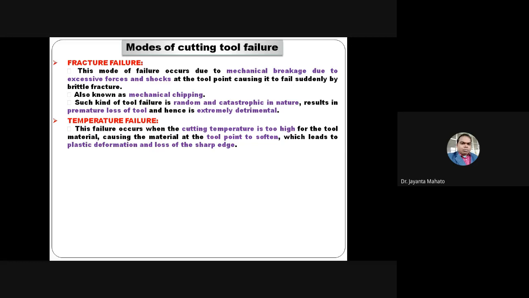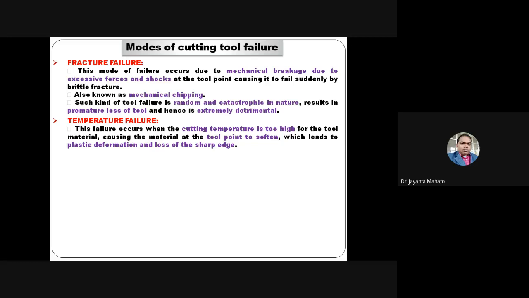How does it increase to a high level? When the cutting speed, depth of cut, and rotational speed of the workpiece are more, the temperature produced during cutting, due to the friction between the chips and the workpiece, increases to a high level.